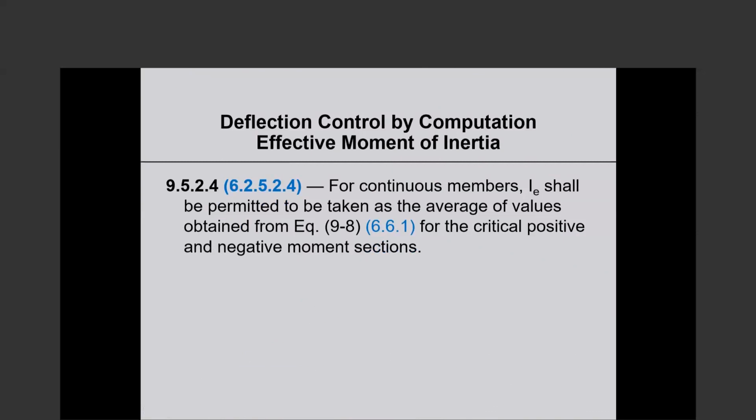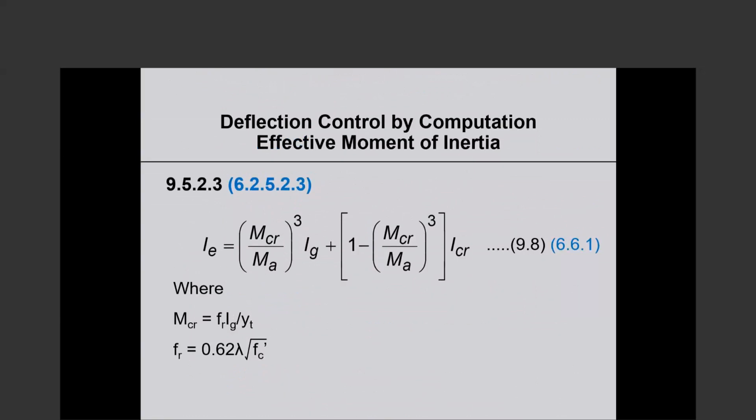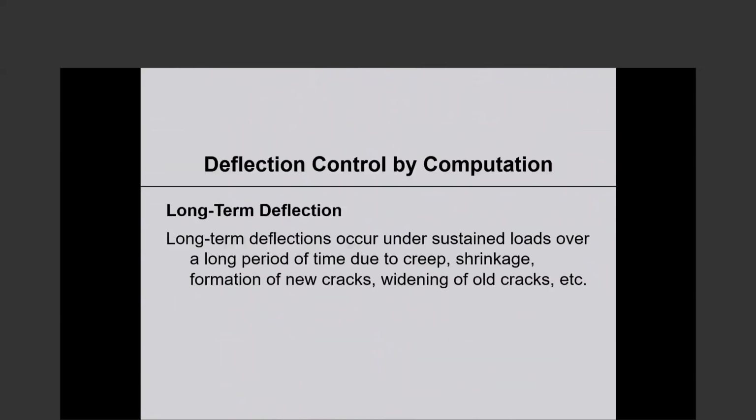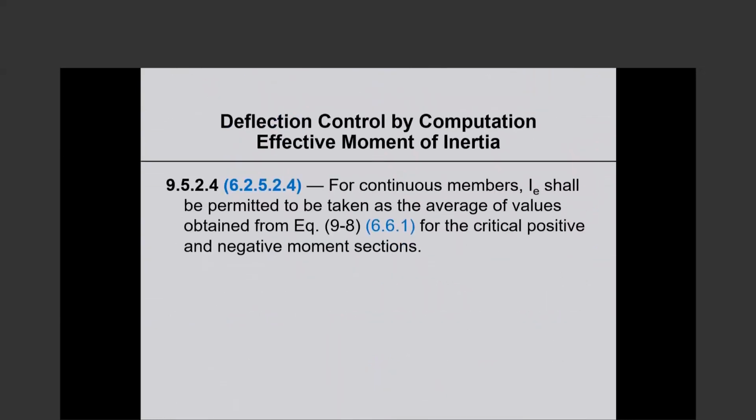Everything we have done is for a particular section. So what is the member moment of inertia or stiffness? This is saying that you take the average moment of inertia of the negative moment sections and the positive moment sections and use that for the entire beam.